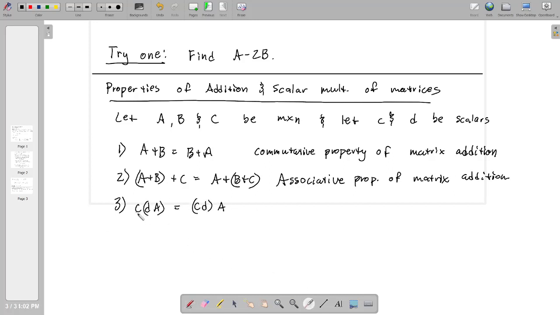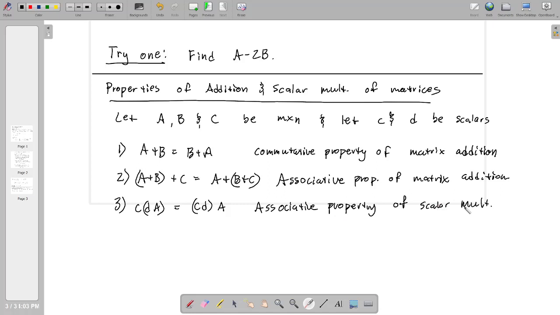So here we have two scalar numbers, c and d. If we multiply d times A and then multiply c times the result, it's the same thing as multiplying c times d, the two scalars together, and then multiplying by A. This is the associative property of scalar multiplication. Again, we specify that it's scalar multiplication to indicate that we're multiplying a number times a matrix, and not a number times a number.